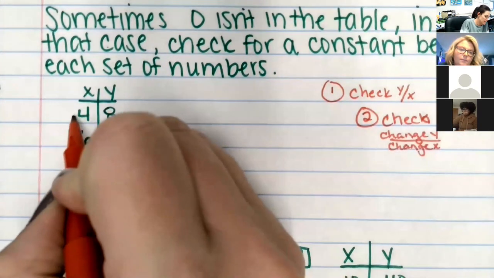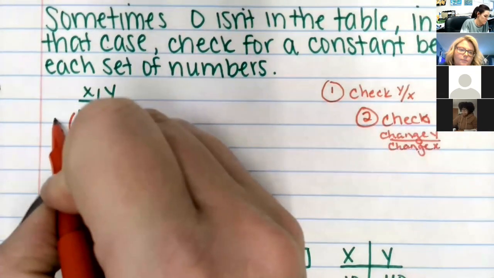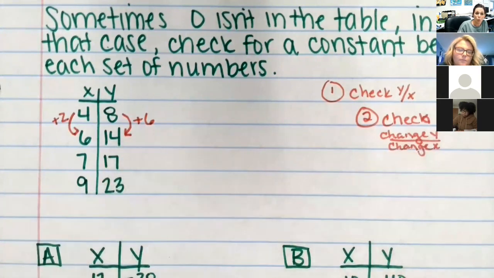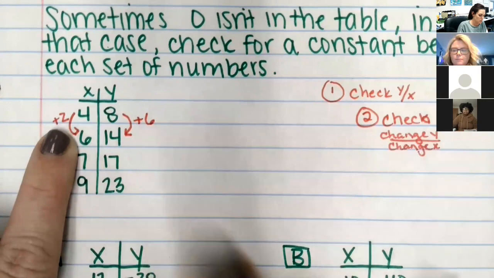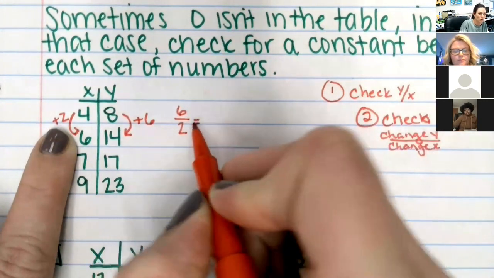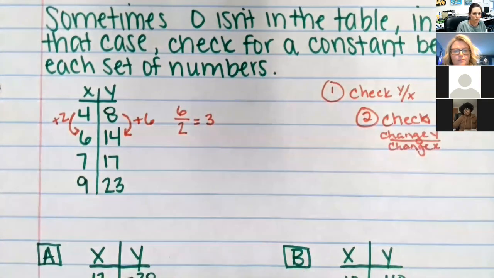And how did I get from 4 to 6? 2. Okay. So change in Y over change in X. I'm still doing Y over X, but I'm using my loop-D numbers. So in this case, this would be 6 over 2, which equals 3, because it's 6 divided by 2.